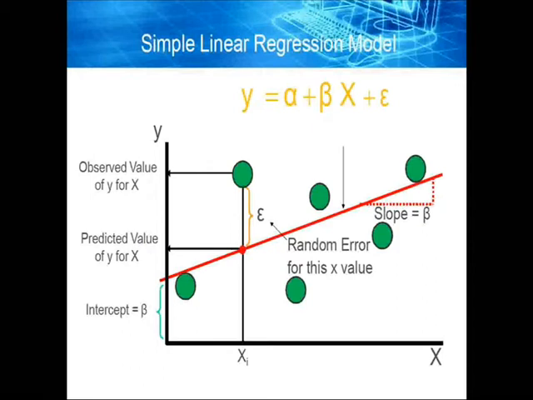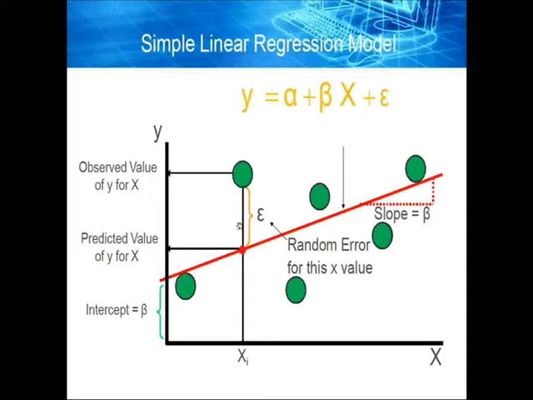Next is the simple model represented in graphical form. As we can observe here, one graph is represented with x as the feature value and y as the target value, and one red line indicates the linear graph, and many green circles are there. All these green circles are data points.